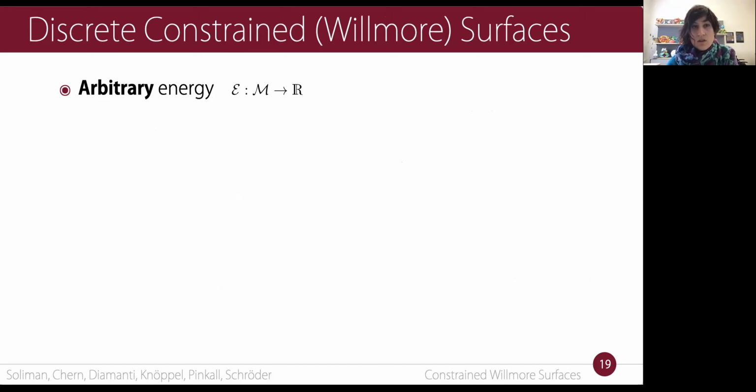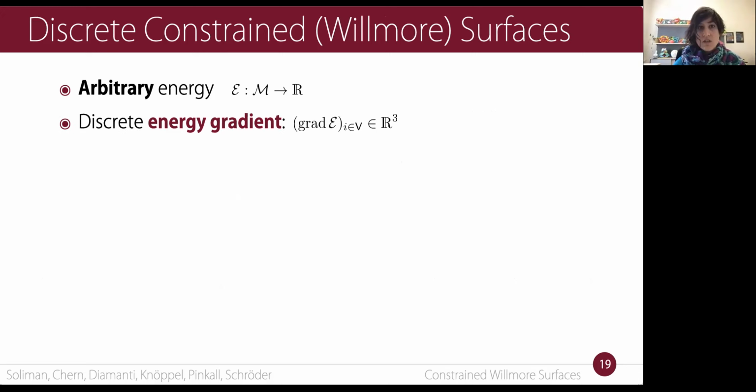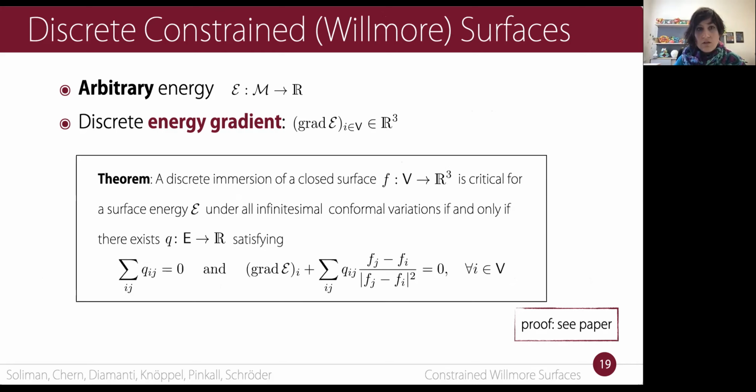So if we actually work this whole thing out, it brings us to perhaps the main theoretical contribution of this work, which is the condition for criticality of an arbitrary energy under this conformal constraint. So these conditions involve the gradients of E. So this is a vector at each vertex, essentially. It tells us what happens to this energy if we fix all the vertices except that one, I. And then what the optimality condition says is that a discrete surface is a constrained critical point of an energy E if and only if there are numbers per edge, which we call Q, such that two things hold.